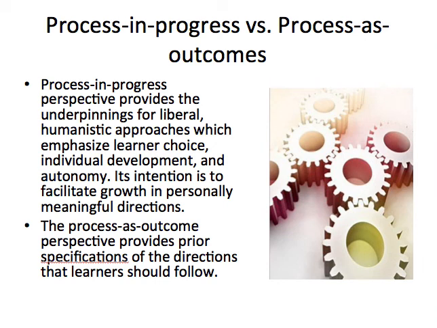On the other hand, the process as outcome perspective provides prior specifications of the directions that learners should follow. So you can begin to see these appear to be two kind of contradictory approaches, one based upon autonomy and development of personal self, development of the whole person, and the second one in terms of pre-specifications as to the directions that learners should move towards.